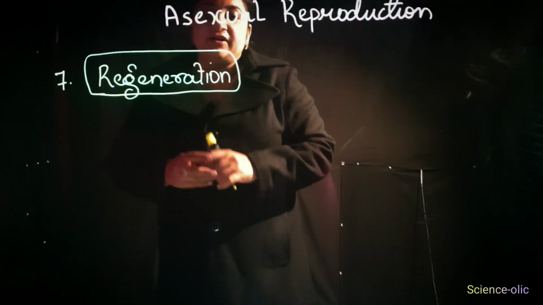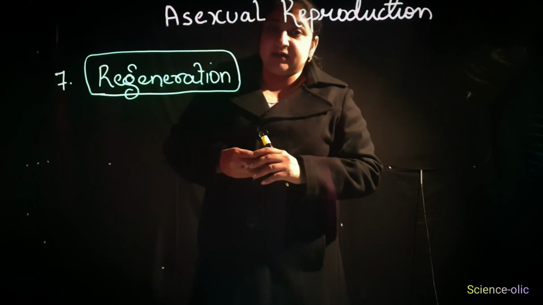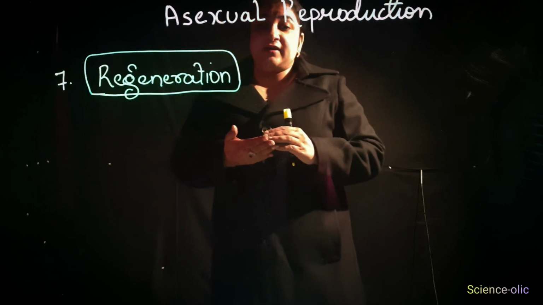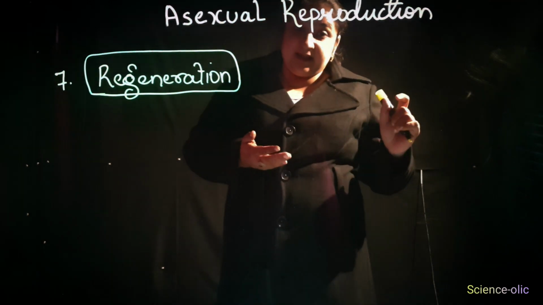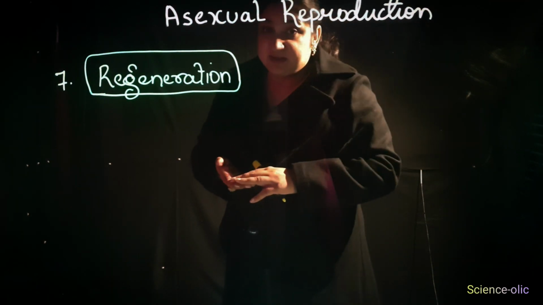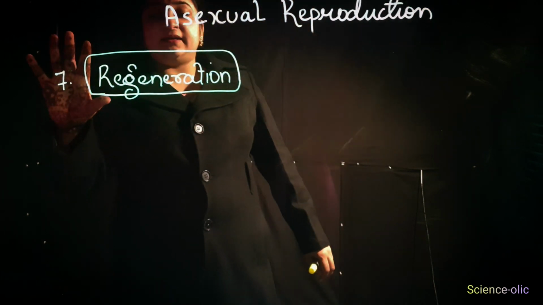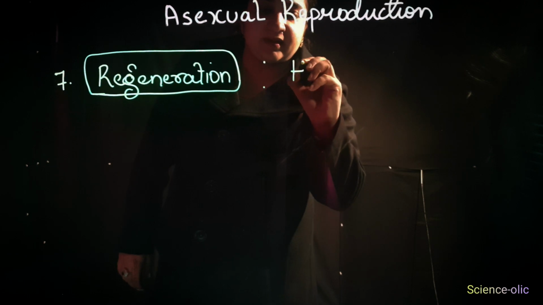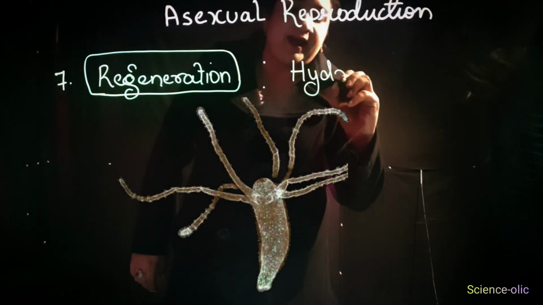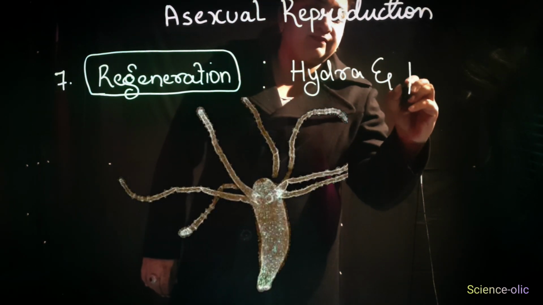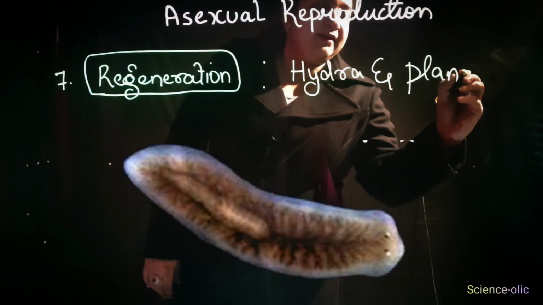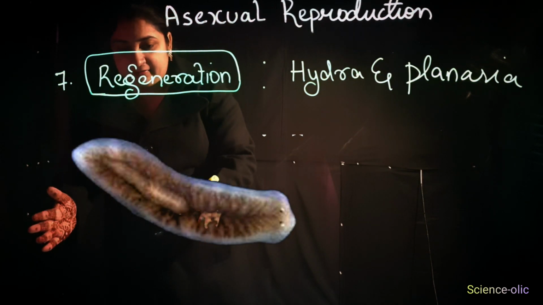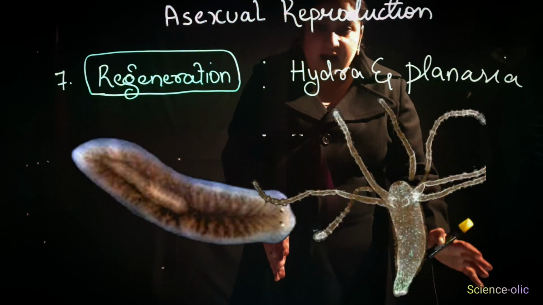Seventh is regeneration. This also occurs in some animals. Suppose when you cut a lizard's tail, it regrows. That is regeneration. Similarly, it occurs in some organisms like hydra and planaria. This is the image of planaria and this is the image of hydra.